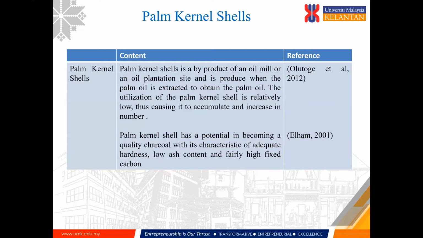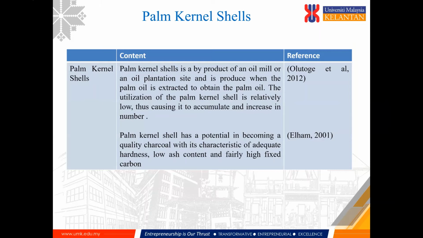Palm kernel shell is a byproduct of an oil mill or oil plantation site and is produced when the palm oil is extracted. The utilization of the palm kernel shell is relatively low, thus causing it to accumulate and increase in number.